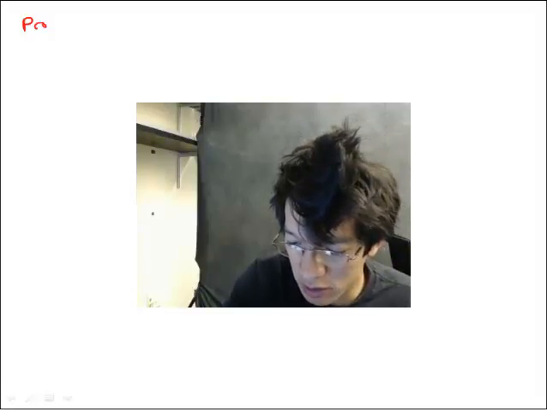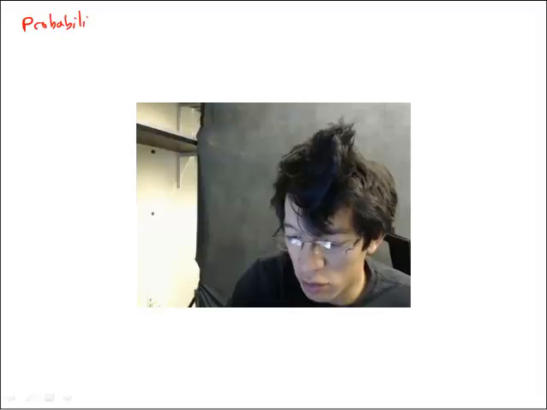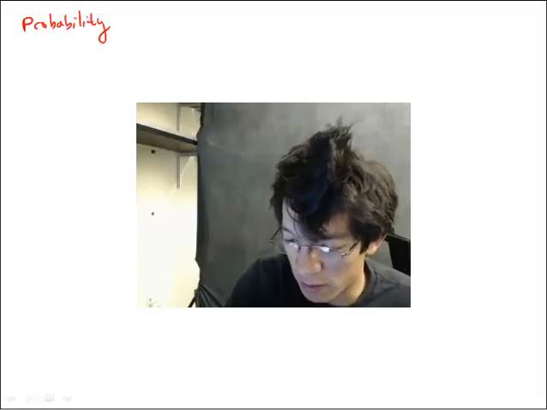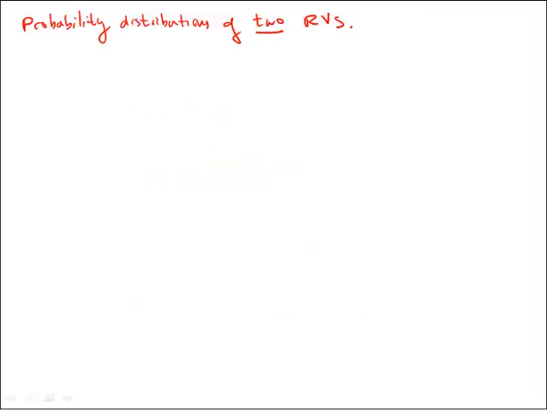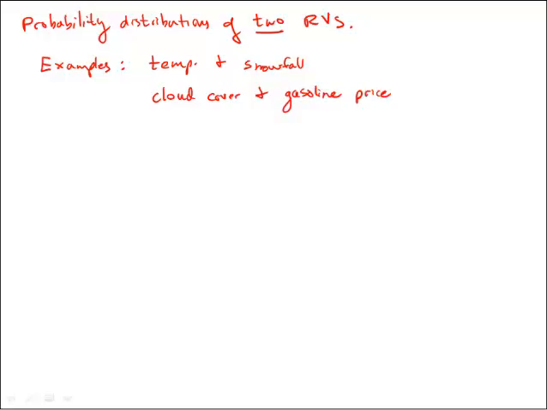Let's talk about probability distributions of two random variables. Here are some examples. Maybe your random variables are the daily temperature and snowfall. Maybe your random variables are the cloud cover and gasoline price for the day.